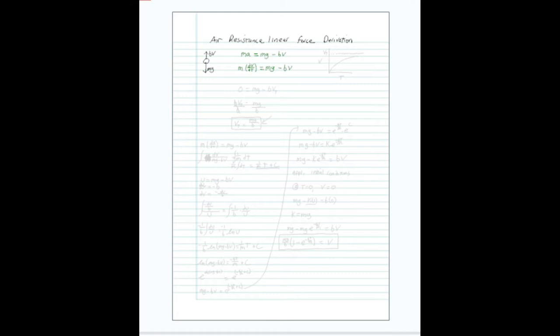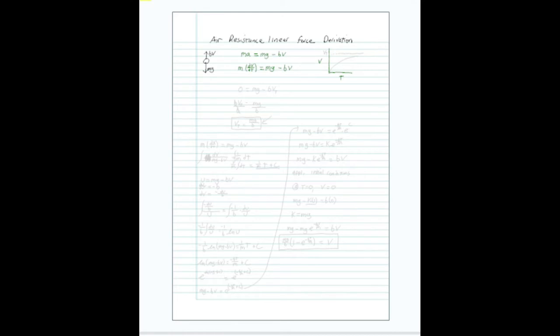If you think about it, before we go any further, we could also look at what a graph of this scenario would look like. If we sketch the velocity as a function of time, with down as positive, it's going to speed up, but it's going to speed up by less and less because that air resistance force is going to get bigger and bigger.